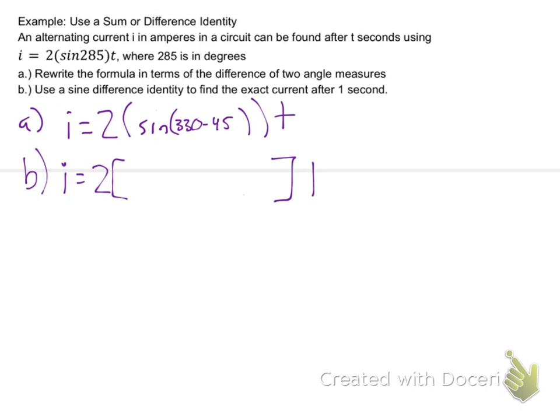It becomes a 1, and 1 times anything is that thing, so you don't have to write 1 anymore after this. Sine of 330 minus 45 will become sine of 330 cosine 45, minus, because it keeps the sign, cosine 330 sine 45.